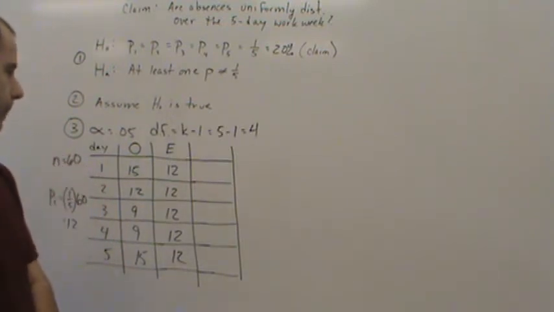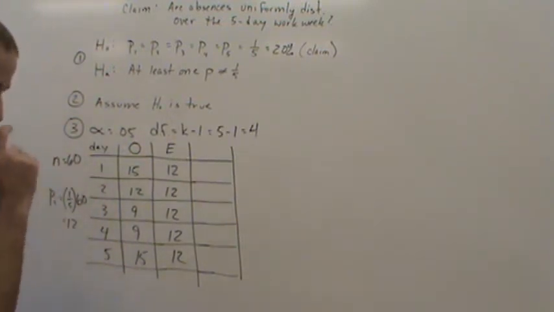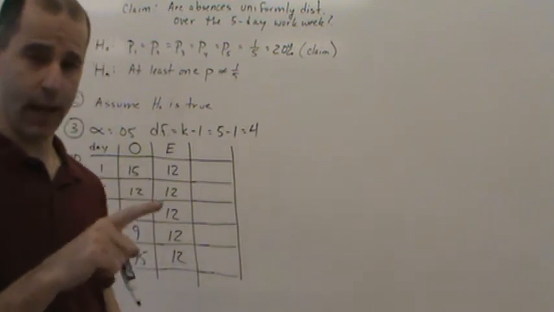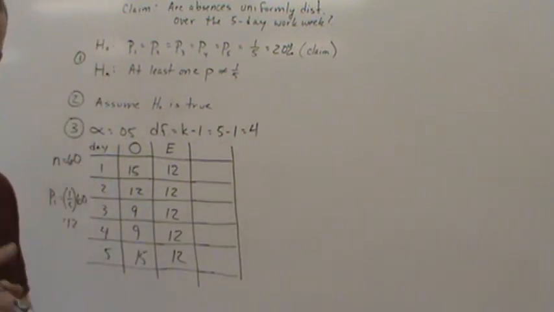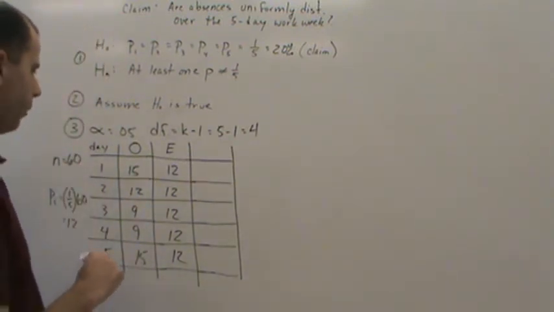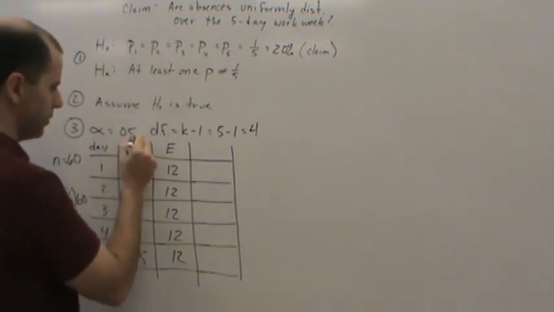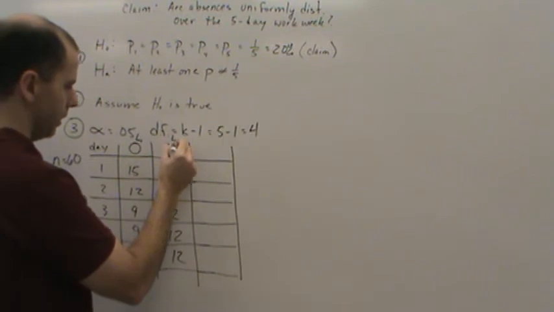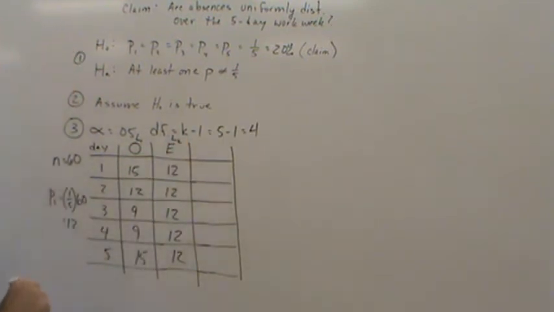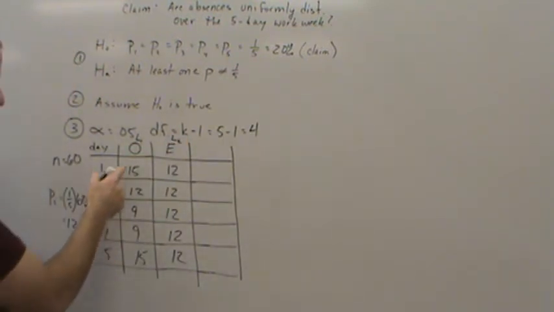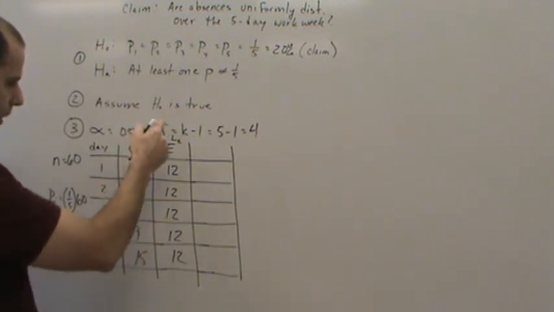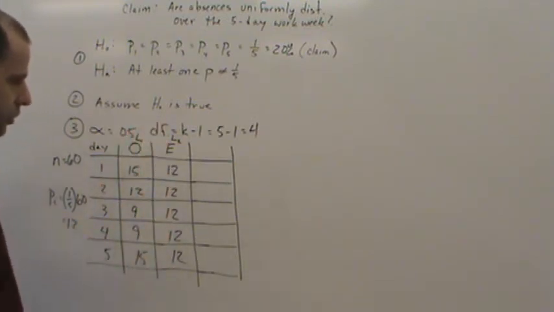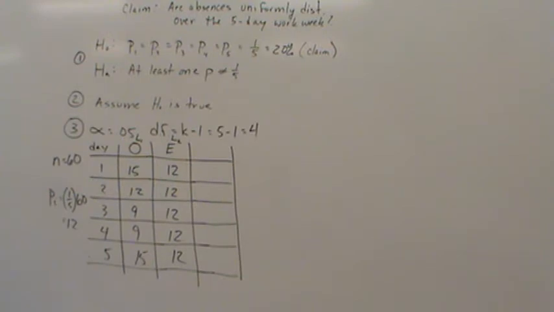Now, the first thing you need to do, regardless of whether you have the chi-squared goodness of fit test on your calculator or not, is enter our observed values and our expected values into our calculator. So I'm going to put the observed values into list 1, and my expected values into list 2. Okay? So go ahead and do that also.